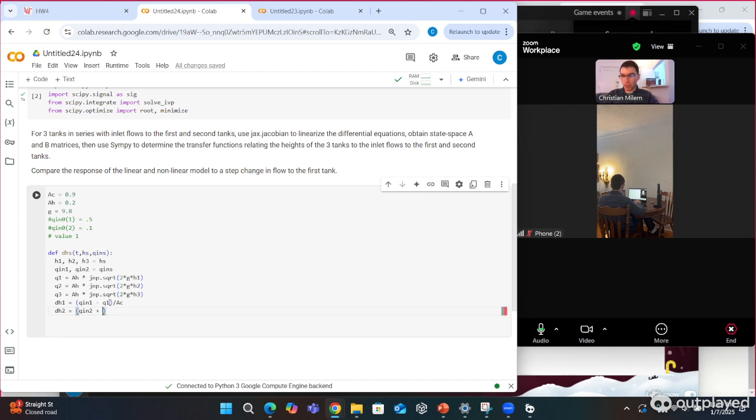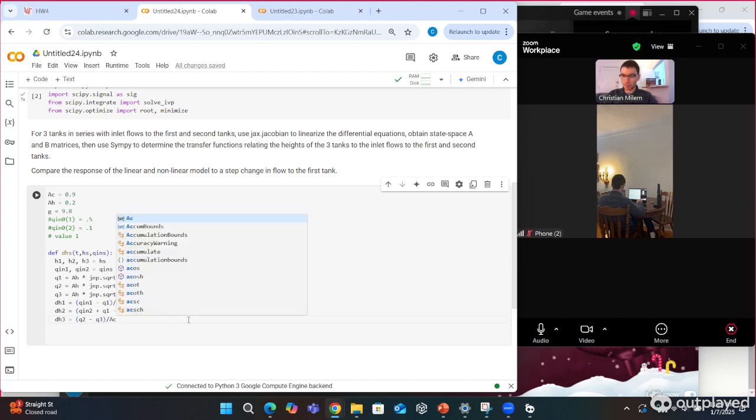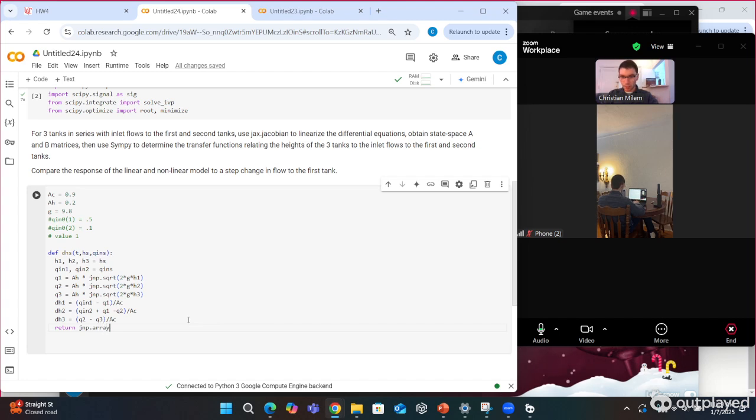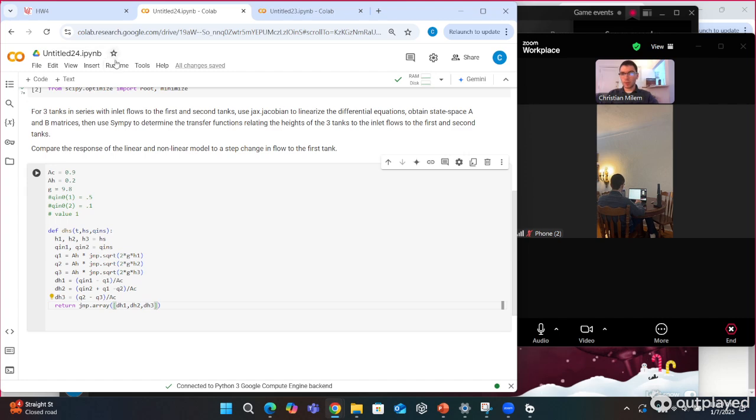Also, whatever is flowing out of tank 1 is going into tank 2, so plus Q1 minus what's flowing out, which is Q2, all divided by AC. The change in height of tank 3 is Q2 minus Q3 divided by AC. Return np.array of DH1, DH2, and DH3. Let me go ahead and run all these.